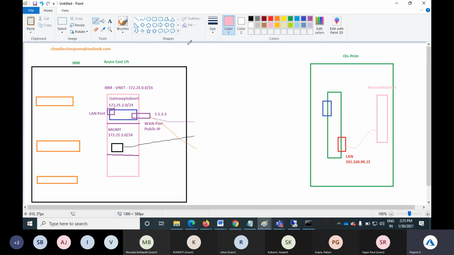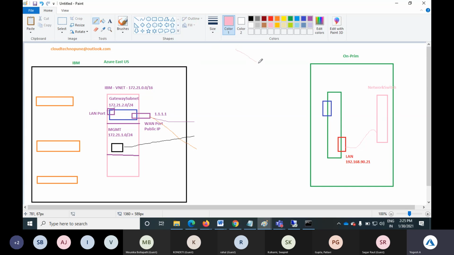Okay. Now I have a lease line. I have ISP. U broadband is ISP. So that U broadband is getting connected directly into my WAN interface. Okay.